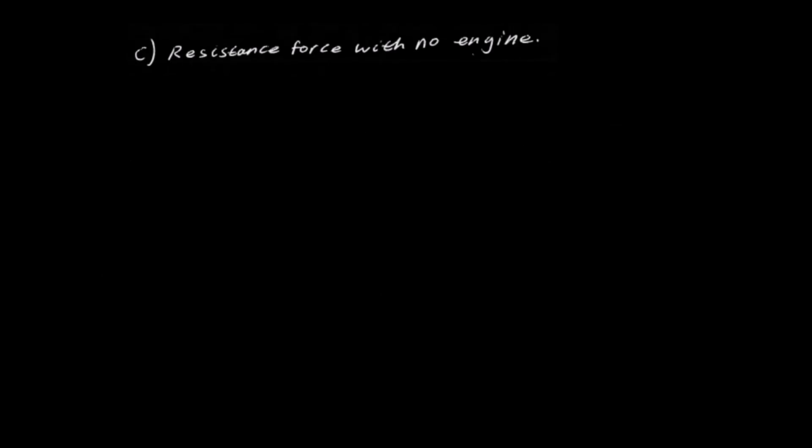Now part C asked for the resistance force with no engine. So the engine is switched off, and eventually, without the engine being switched on, of course, the boat will come to a stop. What we really need here is a force. We know the mass of the boat, so we need to engage with an acceleration.